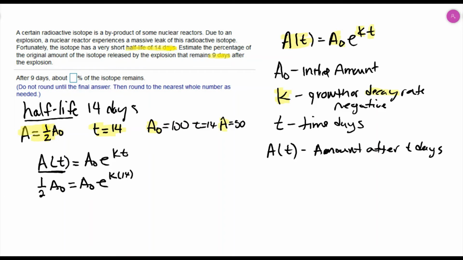Now we're going to be able to solve for that value of K, the decay rate. We're going to solve by dividing by A naught on both sides. That gives me 1/2 on the left, and e to the 14k on the right.